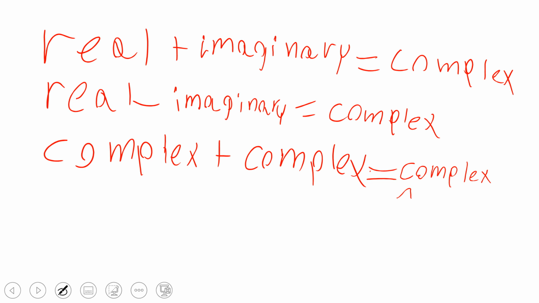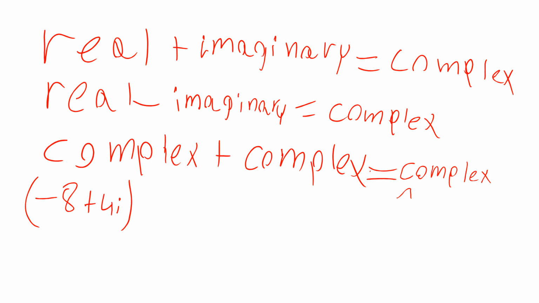So let's say we have negative 8 plus 4i minus, I might just do negative 4 plus 2i. And we're going to subtract two complex numbers.